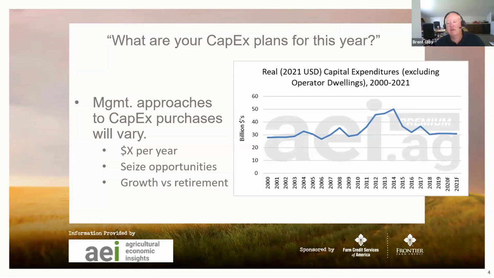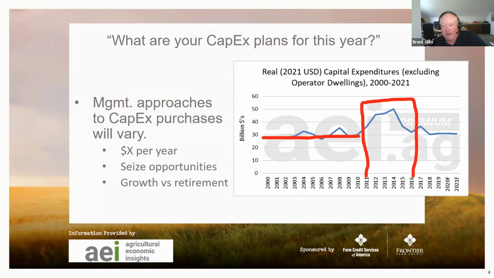And one thing is pretty clear when we look at national data, and I've got a chart here. One of the things pretty clear is these capital expenditures tend to bounce around. This is at the sector level of the U.S. farm economy, but oftentimes they're right in this $30 billion area, and then occasionally they really jump up. And if you look at that chart, when did that occur?